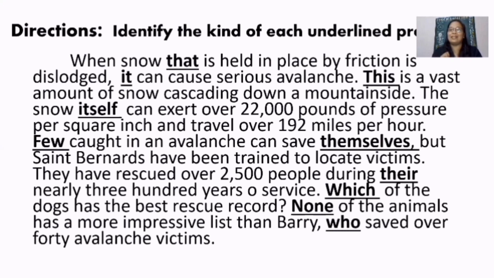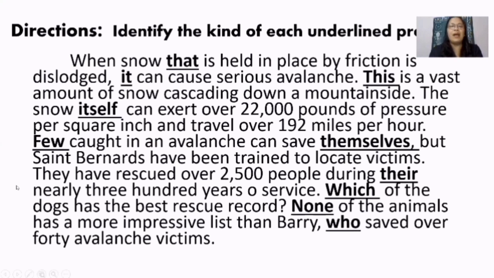Is it an intensive or reflexive pronoun? As I promised, I'm going to have more discussion on this one in our next session. For now, this itself here is an intensive pronoun. Why intensive pronoun? Because it gives emphasis to the snow. The snow itself, no other than the snow itself. That is why it's an intensive pronoun.